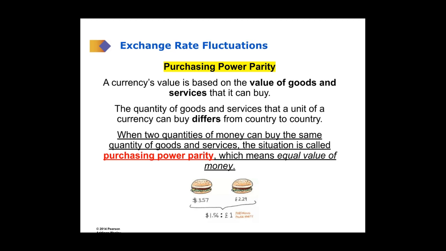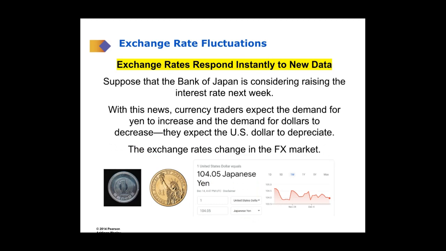It does it quickly, and the prices tend towards equilibrium very quickly in these markets. This is because any information about exchange rates is very quickly incorporated. Any new data we have is immediately incorporated.